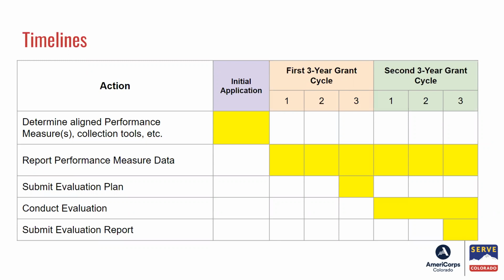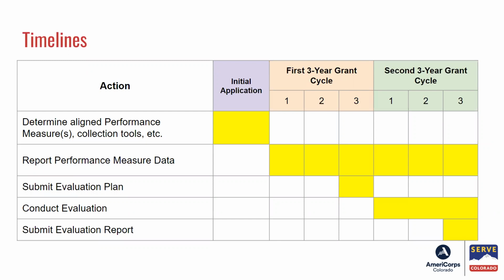So those are, again, part and parcel of the application. So as we review and approve your application, those performance measures are wrapped right into what you will be doing. And that is collecting and reporting on performance measure data throughout your program lifecycle.